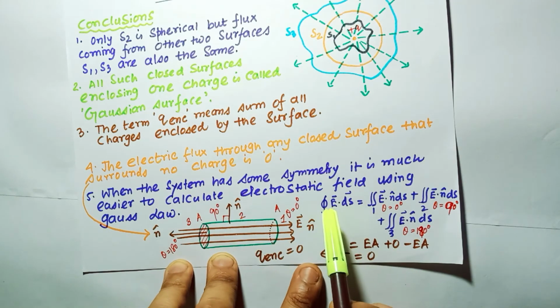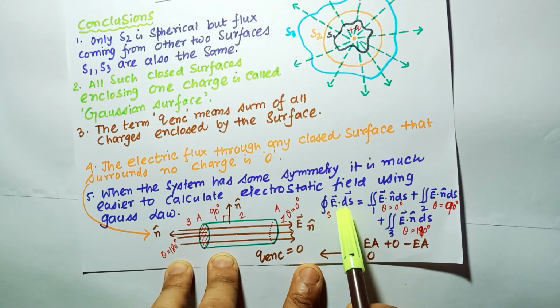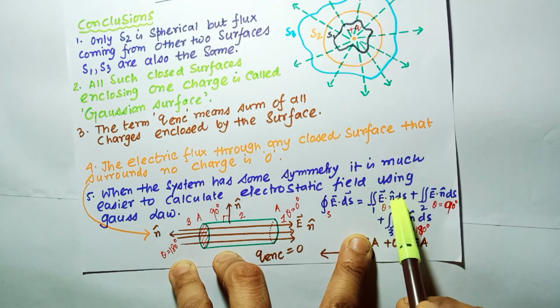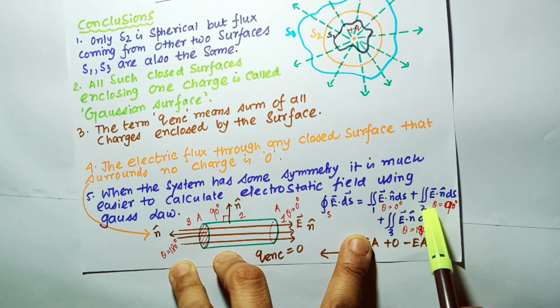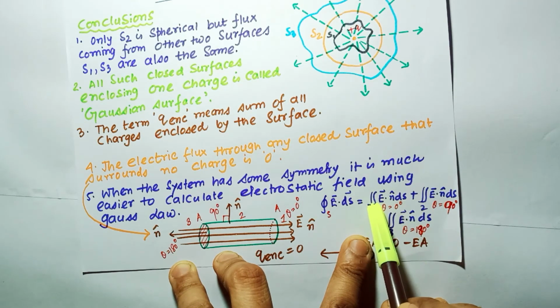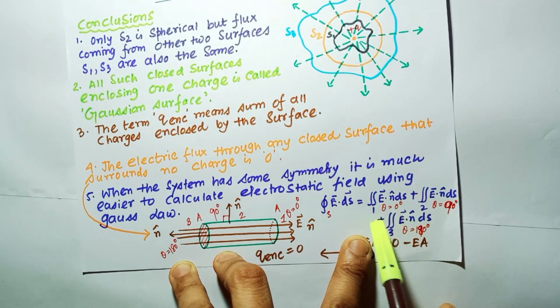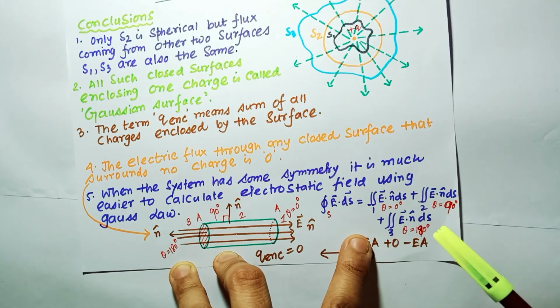So we try to calculate the closed surface integral of E dot ds. For surface number 1 it is E dot n cap ds, plus surface number 2, this is not the closed surface integral, this is only the surface integral. If I add these three, it becomes the closed surface integral, so try to remember this.